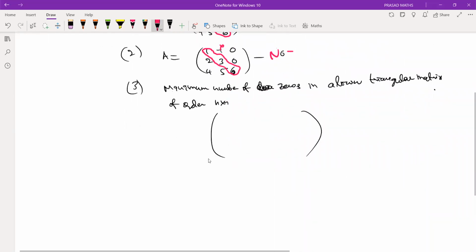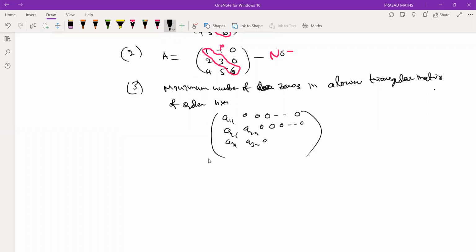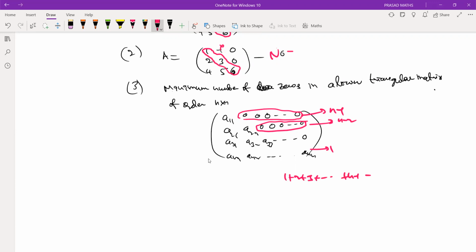That's it. So this is my a11, 0, 0, 0, then a21, a22, 0, 0, then a31, a32, a33, going on to an1, an2, up to ann. How many zeros in the first row? n minus 1. In the next row, n minus 2 zeros. In the last row, 1. Therefore the total is n into n minus 1 by 2. So this is required.